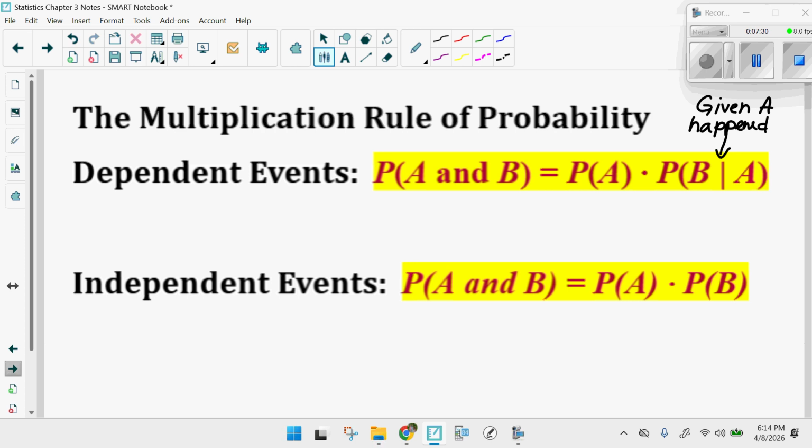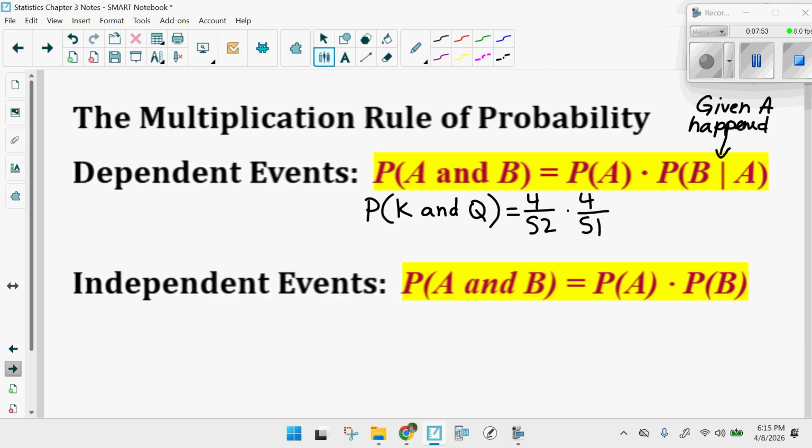So looking back at our king example, the probability of getting a king and a queen from 2 cards would be the probability of getting a king, 4 out of 52, times the probability of getting a queen, 4 out of 51. So we have a king that's been taken out, so now we have a different probability.